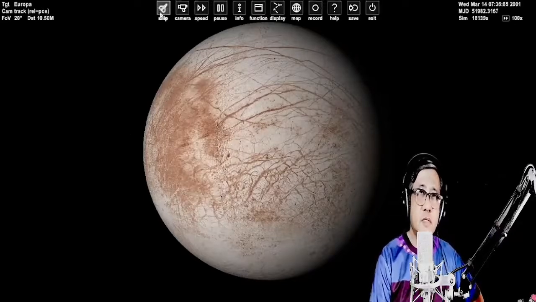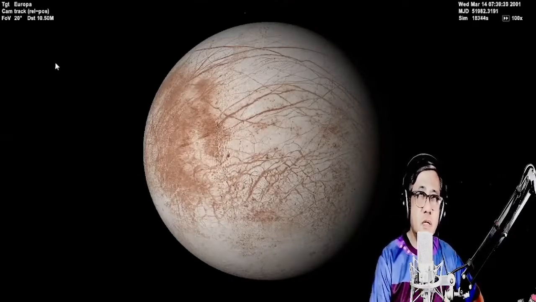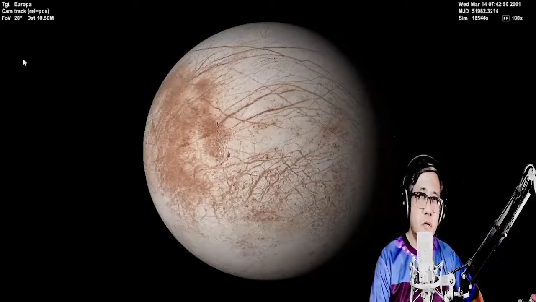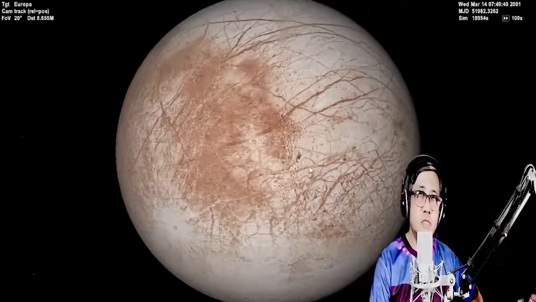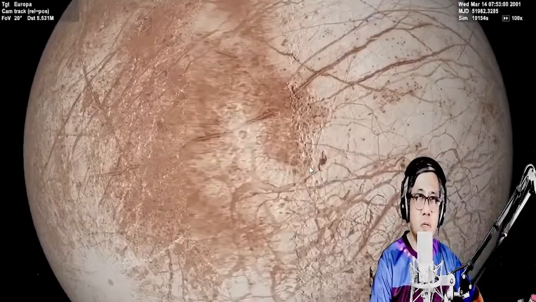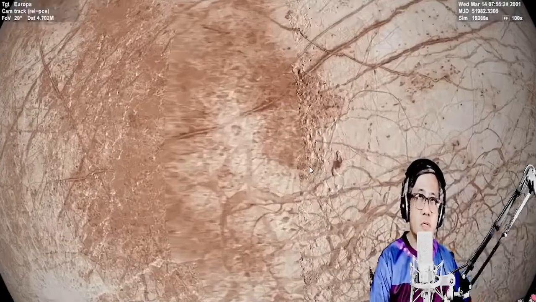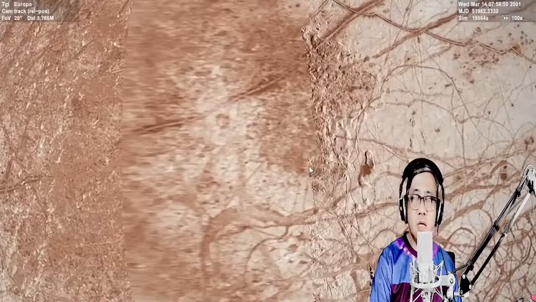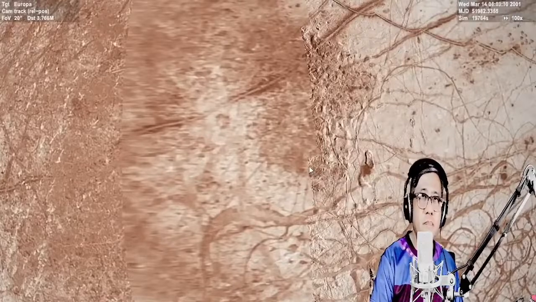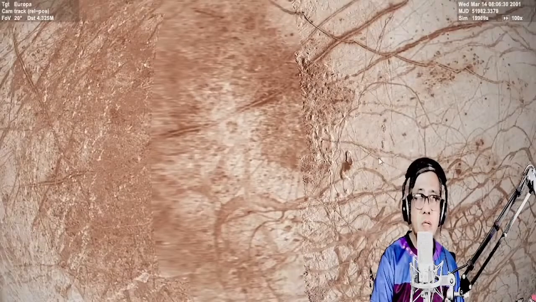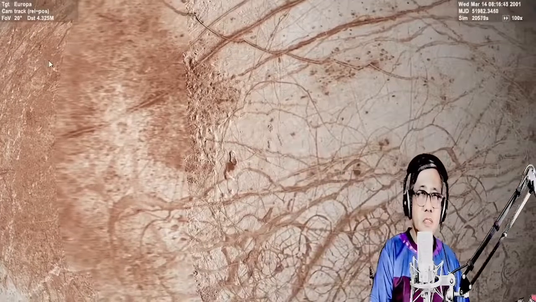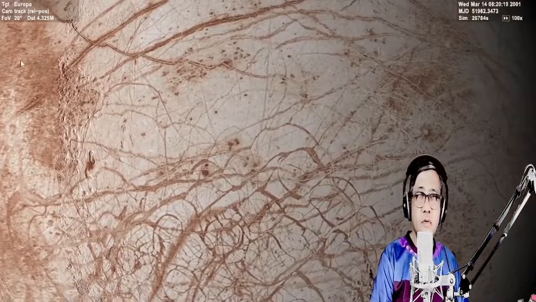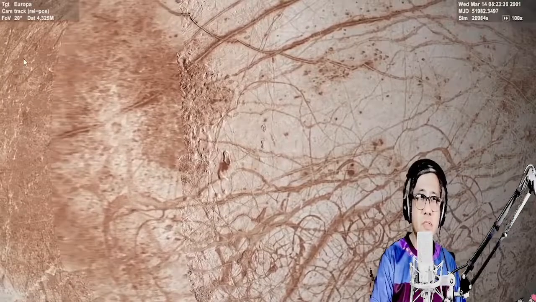The surface is crisscrossed by an intricate array of curved linear grooves. So nakikita nyo ngayon sa ating image ng Europa, di ba maraming grooves, striations crisscrossing the icy surface of Europa. And the markings are as much as several tens of kilometers in width and extend in some instances for thousands of kilometers.